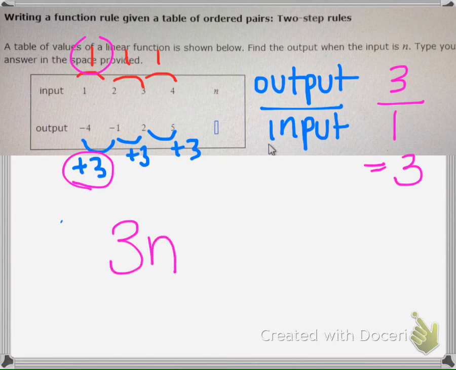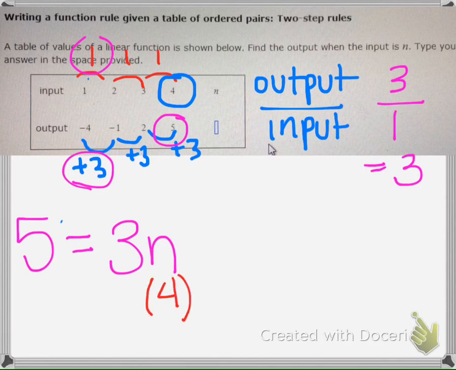Then I'm going to plug in one of these numbers. I'm going to go ahead with this one. It doesn't matter which one, and the reason I'm going to pick 4 is because I'd rather use 4 and 5. I don't want to have to worry about these negatives right here until later. So I'm going to start with 4, and the output is 5. I want to plug in a 4 for n here, and multiplying it by 3 doesn't work.